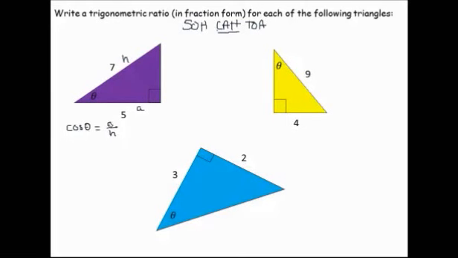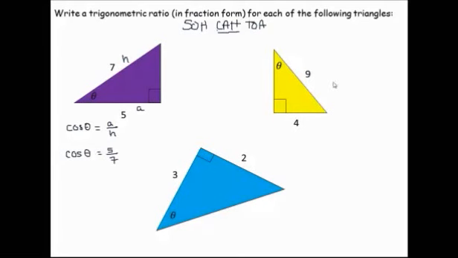The adjacent is 5 and the hypotenuse is 7, so we substitute those numbers in. Our trig ratio is cos of theta equals 5 over 7. And that's it. We're going to leave it as a fraction. That's our trig ratio done.